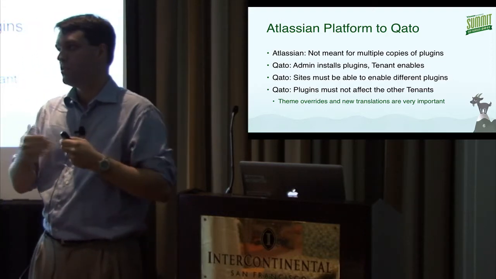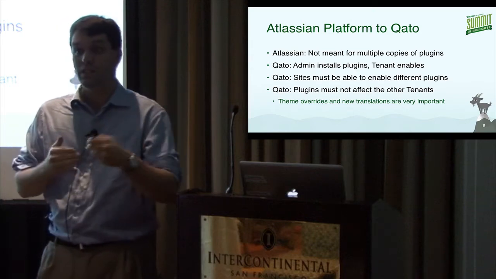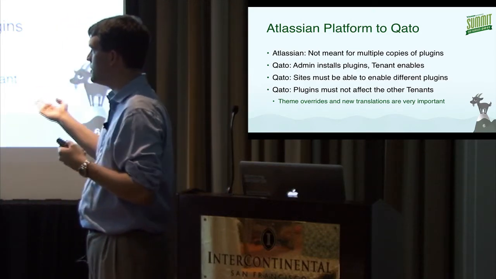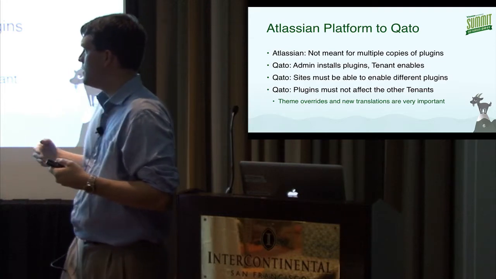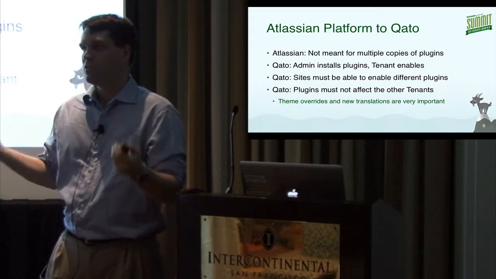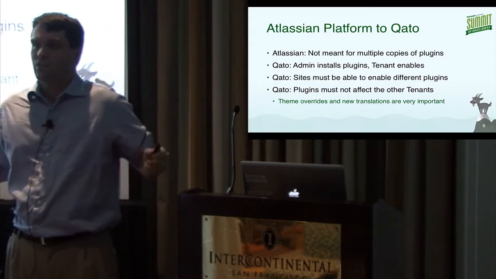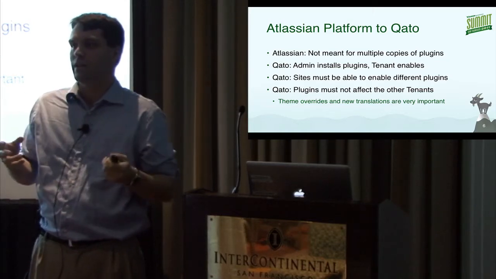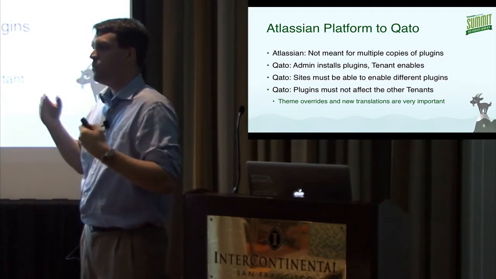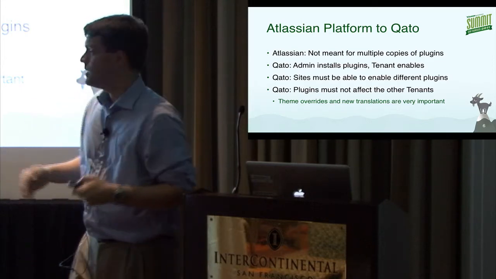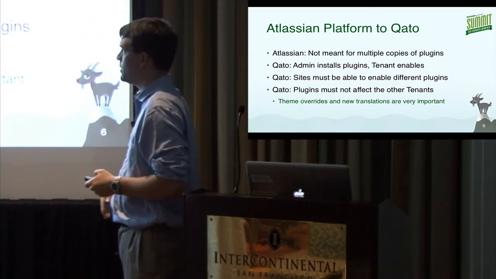Admins needed to be able to install things from a system admin perspective. And the plugins needed to be able to not affect the other tenants. Things like templates, right, and internationalization files. Those things all get added into one big mess of translations, and we didn't want them getting picked up on a cross-site basis, right? So we had to be able to separate those out.